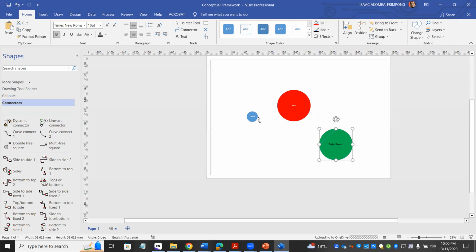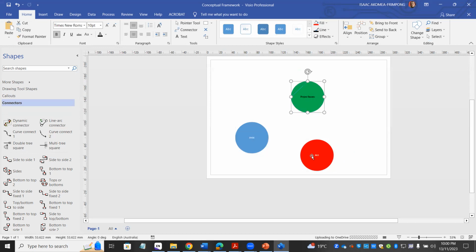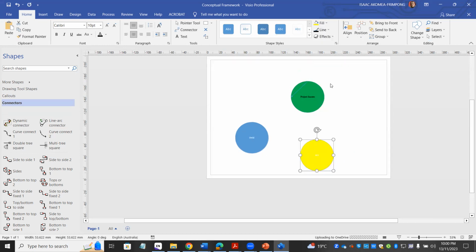So these are the... so I'm making this kind of red. I'll make it yellow because red is not good. Yellow is somehow replaceable.